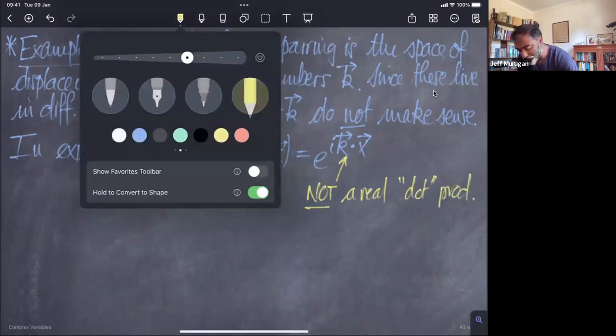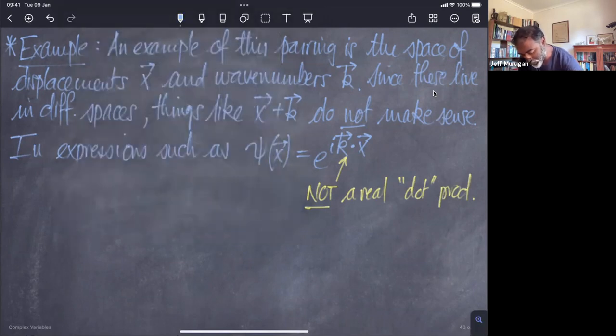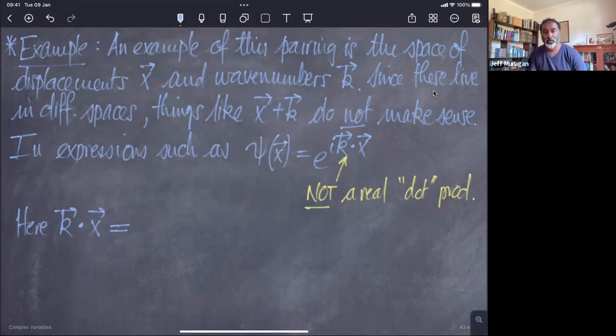What it does mean is that k dot x here is just shorthand, slightly abusive notation for the statement x mu k mu, meaning that x here is a vector and k is a covector.